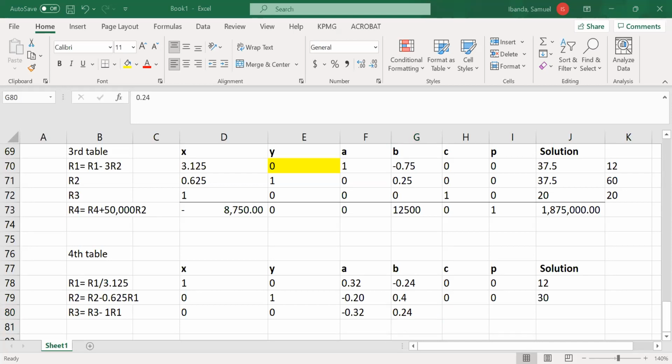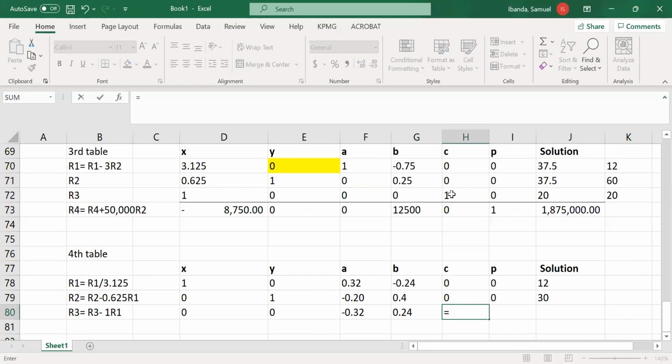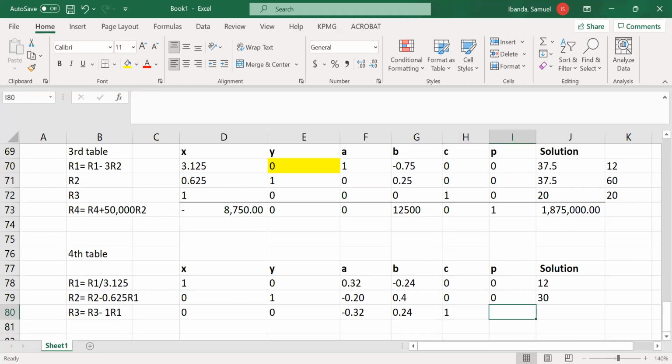If you're trying it out and you don't get it, then you can ask, and we can try to explain more, but you should be able to get it. So when it comes to here, we have our R3, which is 1 minus 0, because it's 1 minus 1 times 0 gives you 1. So it still remains 1, okay?